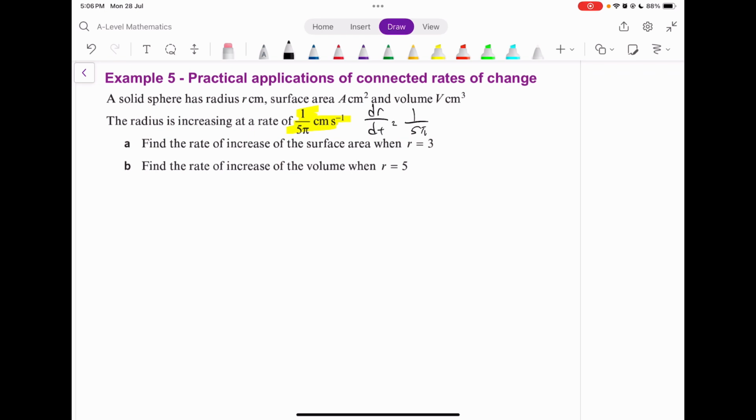Now find the rate of the surface area and the volume. So 第一个 A1 的话，我们是 find the surface area 嘛，所以 dA over dt。B1 dV over dt.